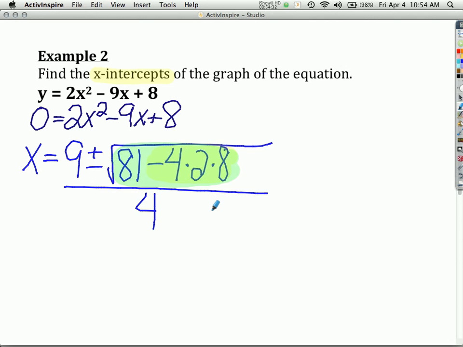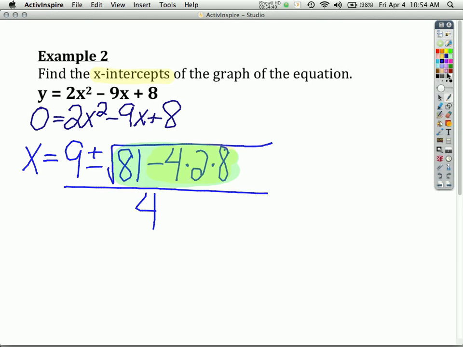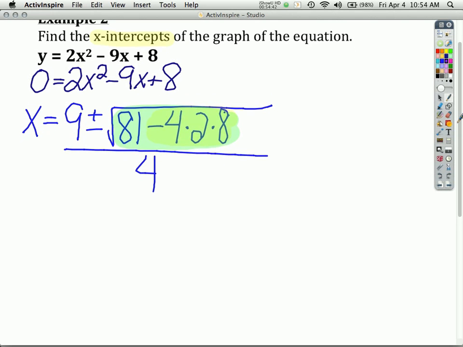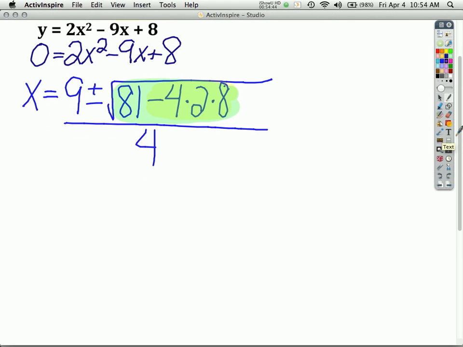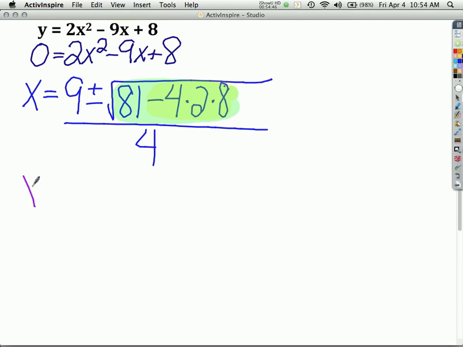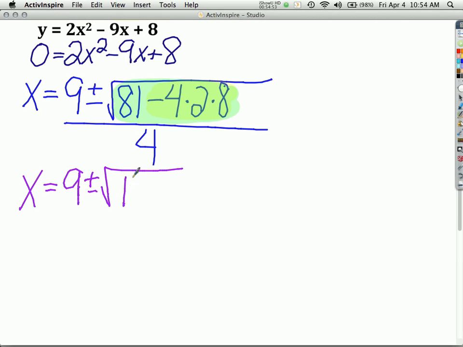What's 81 and negative 64? You already got that, Nathaniel? What is it? 17. Very good. So here's where we're at now. X equals 9 plus or minus the square root of 17 all over 4.